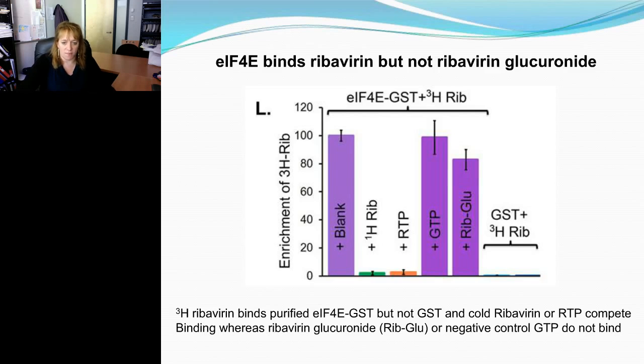And what we can see clearly in this competition assay is that 4E binds ribavirin in the presence of the buffer blank, but it can be easily outcompeted by either ribavirin or RTP, but is not competed by the negative control GTP, and is not competed for in this tritiated ribavirin assay by ribavirin glucuronide. And importantly, GST is not binding tritiated ribavirin by itself. So what we can say from these studies is that EIF4E binds ribavirin, but not the ribavirin glucuronide.